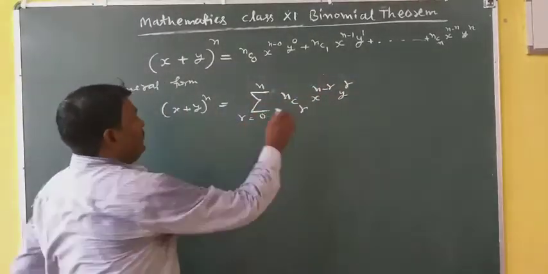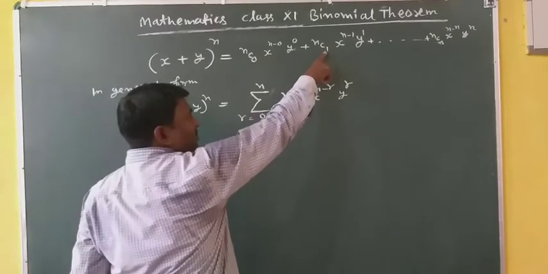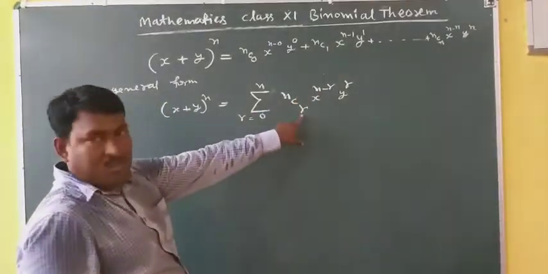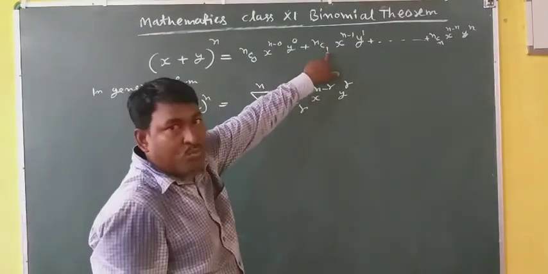See, for the first term r should be 0. For the second term, what should r be? r should be 1.